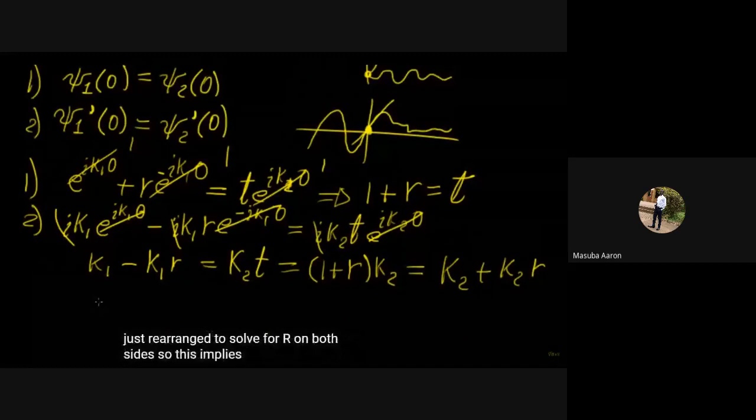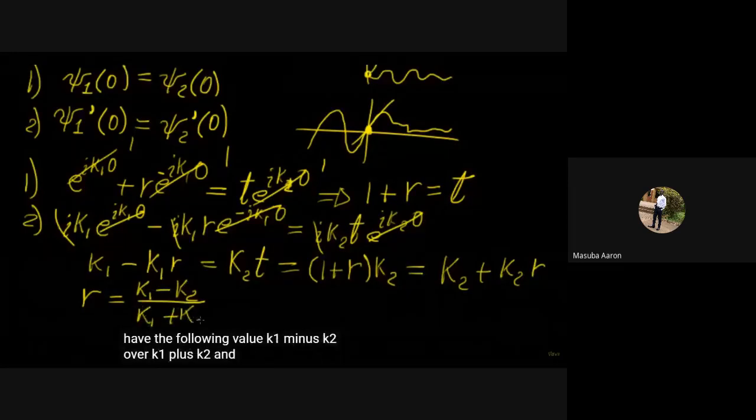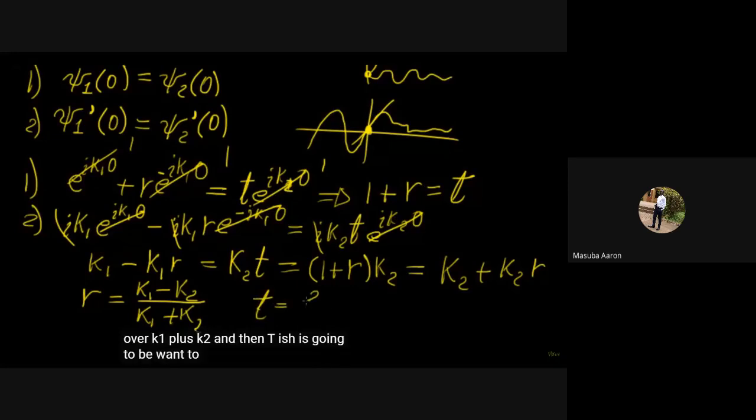So this implies that r has the following value: k1 minus k2 over k1 plus k2. And then t is just going to be 2 k1 over k1 plus k2. And this is basically what we're going to get for reflection and transmission coefficients.